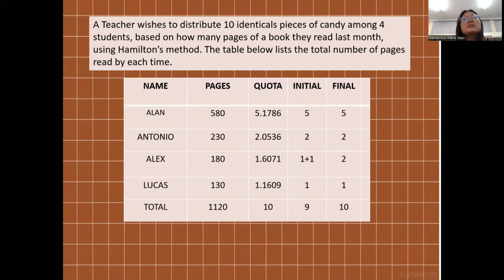The table below lists the total number of pages read by each student. Here we have Alan, Antonio, Alex, and Lucas. These are the 4 students among whom the teacher wishes to distribute 10 identical pieces of candy.